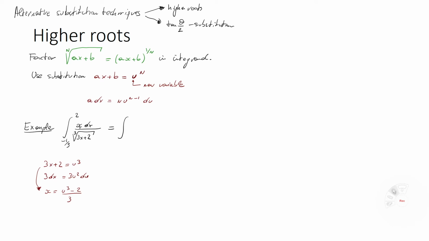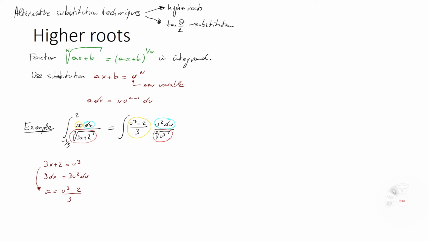We have that x here, so that becomes u to the third minus 2 divided by 3. We have dx. dx is u squared du. That's what dx gives us. And then finally we also have cubic root of 3x plus 2. So that's cubic root of u to the power 3. And so this term corresponds to this term right here.